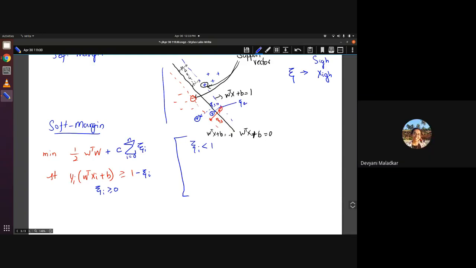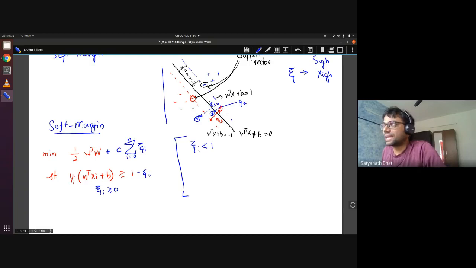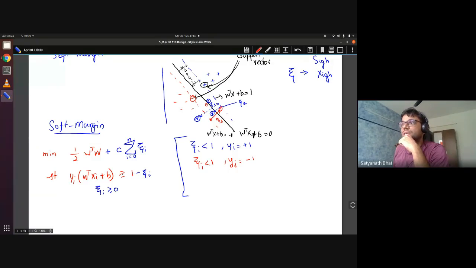Between the line and the margin. If it is a point with Yi equal to plus 1, then the point will lie somewhere here. Similarly, for a negative point with Yj equal to minus 1 and Xi less than 1, this point will lie somewhere here. Just put the number and see. So Xi is greater than 0, some number greater than 0.